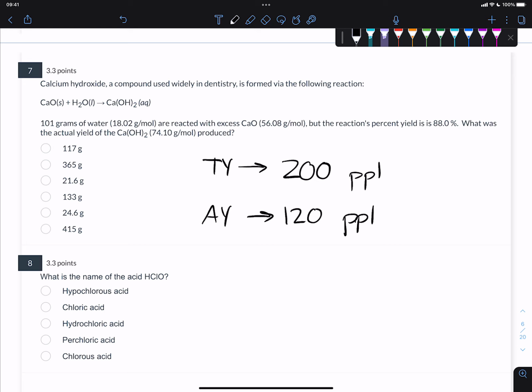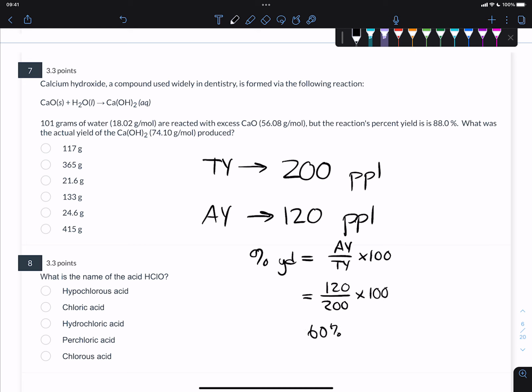That's how many people actually came. So you do your division, and you'll find that percent yield is simply equal to the actual yield divided by the theoretical yield times 100. In this case, that would be 120 people divided by 200 people who theoretically would have come, times 100, and you get 60%.